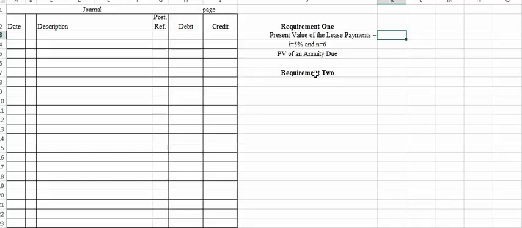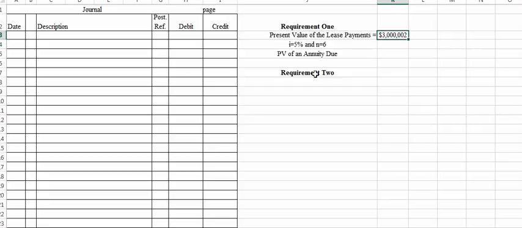What we'll do is say it's equal to 562,907 times our factor from the table, 5.32948. And that gives us the present value of those lease payments is approximately $3 million.